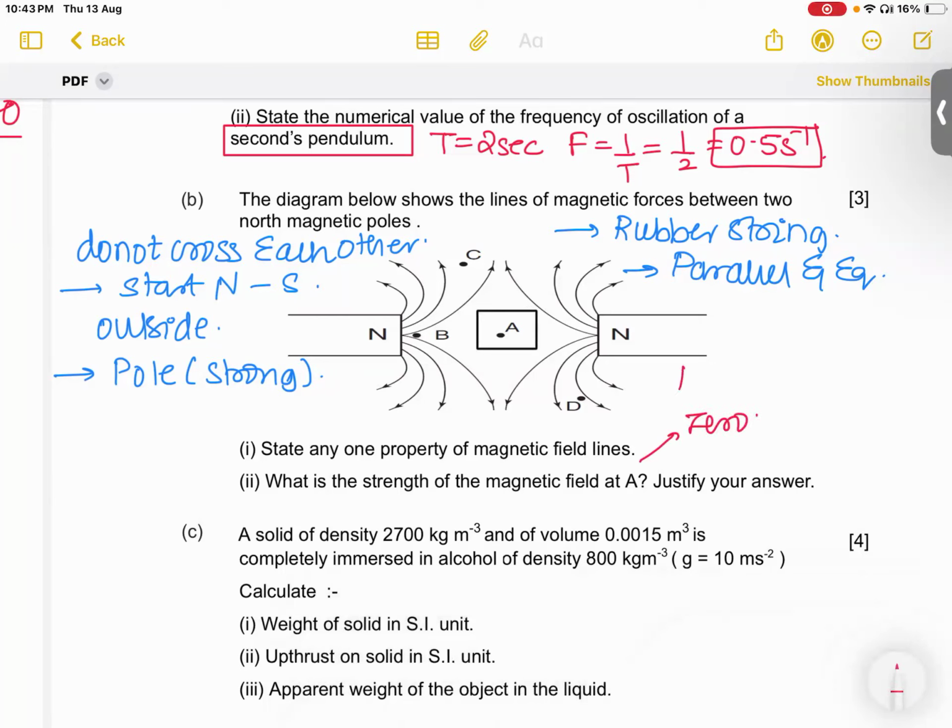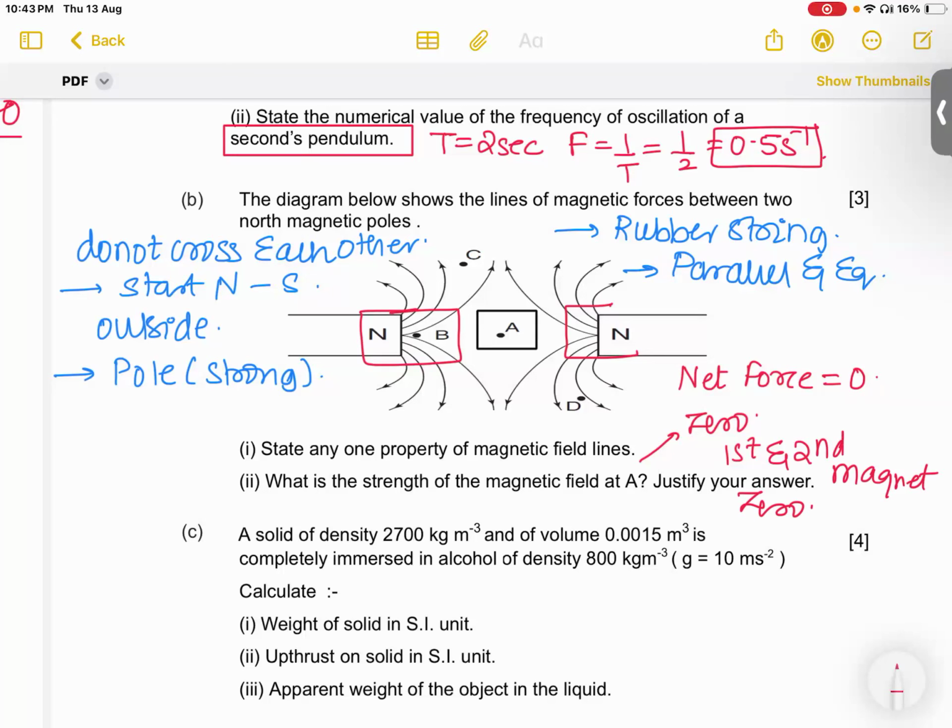I will write here net force would be 0 because this one is going to pull it and this one will also try to pull it. We can write here the total field because of the first magnet and the second magnet would become 0, which will create a point that is called a neutral point.